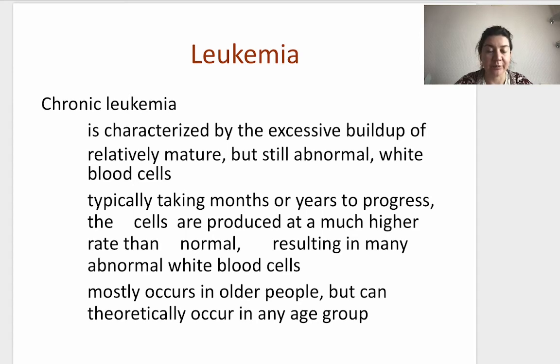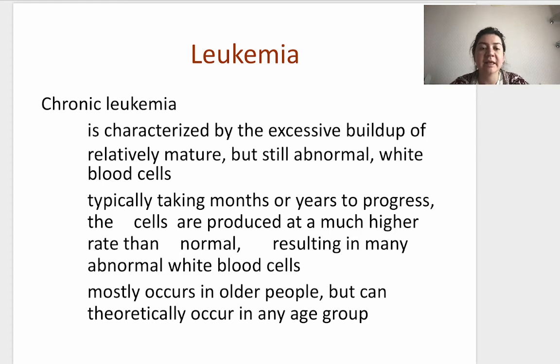Chronic leukemia. It is characterized by excessive buildup of relatively mature but still abnormal white blood cells. As I said, for acute it is just the youngest form, the blast, but for chronic forms the cells are relatively mature, like intermediate, but they are still abnormal.